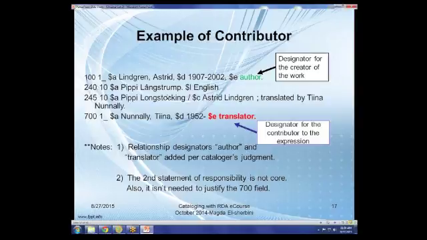librarians and catalogers consider a work to have a preferred title, and that preferred title is the title of the work in its native language. Okay, Pippi Longstocking is the cover title of the book, and it appears in 245 as it should.